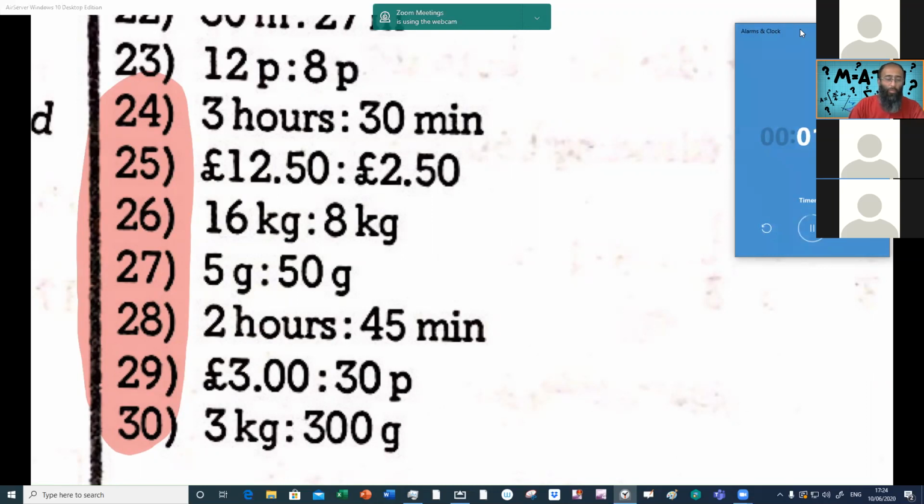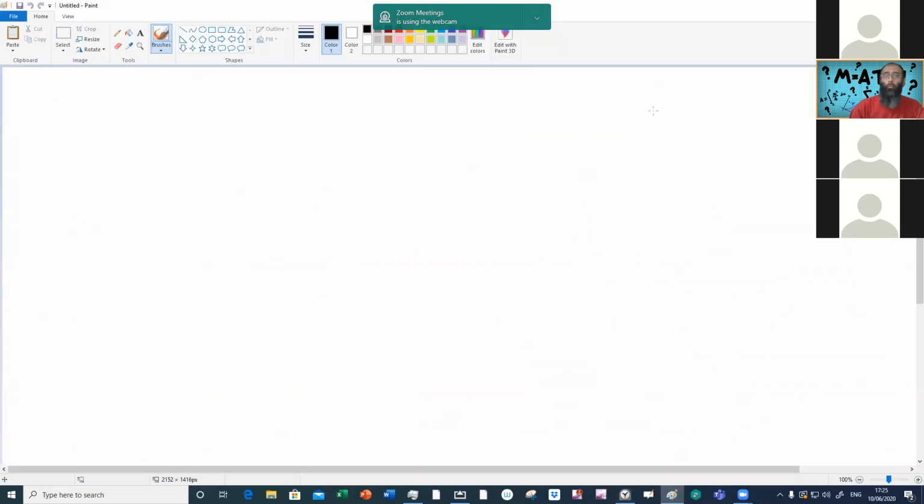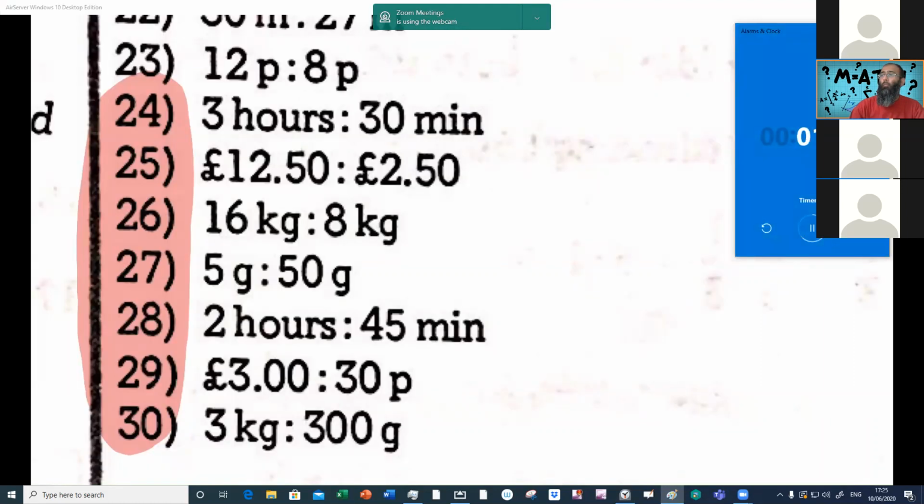There's a timer on there to show you how much time you've got left. Okay, there's a minute left.